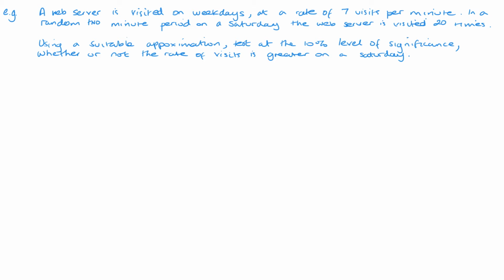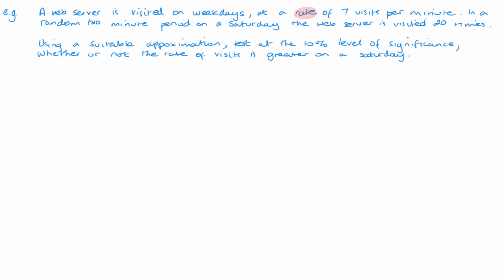Now with this question, there's actually a couple of other parts. What we're looking at is part C within the question, but it's the bit with the approximation which we want to concentrate on. So we've got here a web server is visited on weekdays at a rate. Keyword there, the rate. Remember what that means? That means it's going to be Poisson.